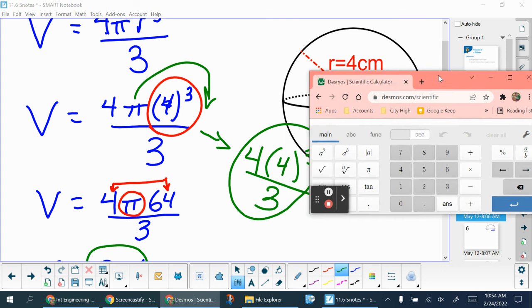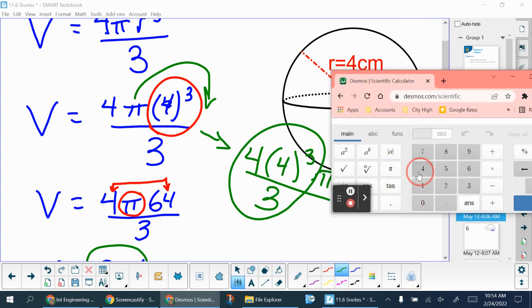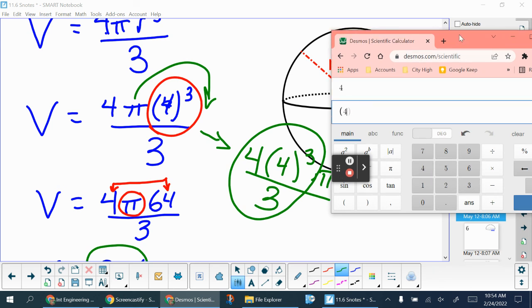So on a calculator then, I could go 4 times 4. Oops.